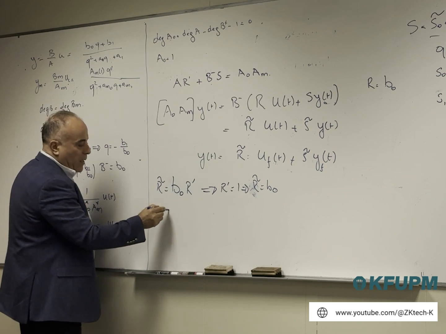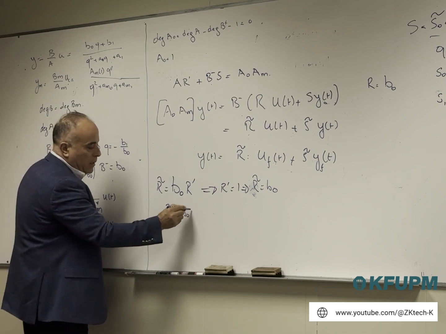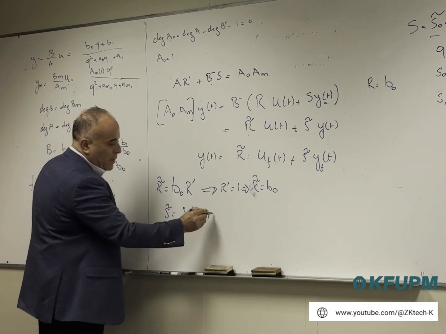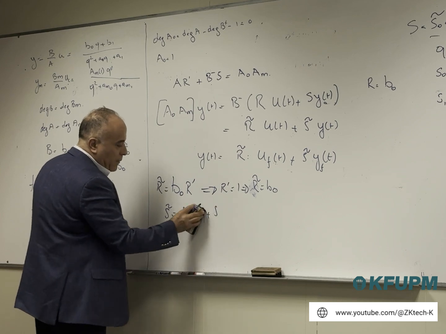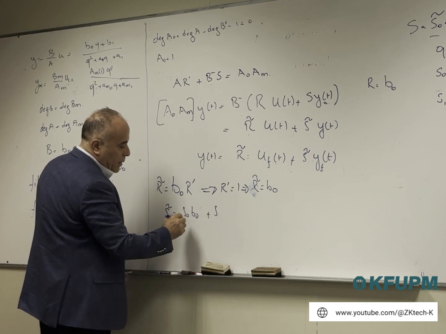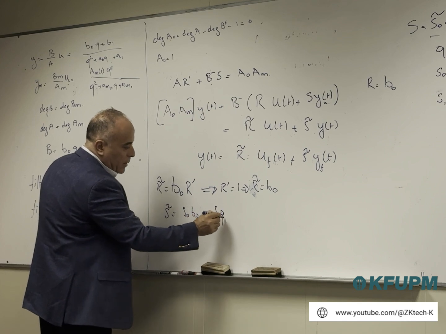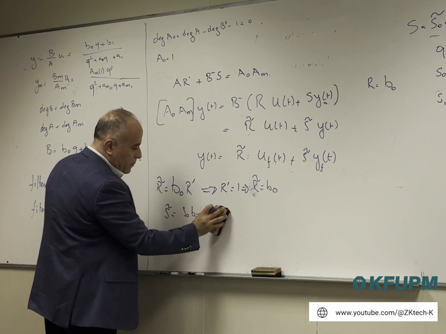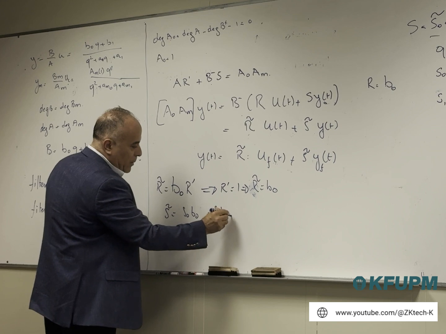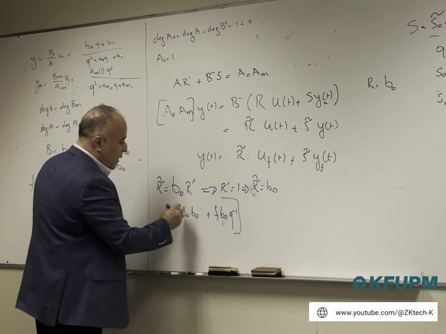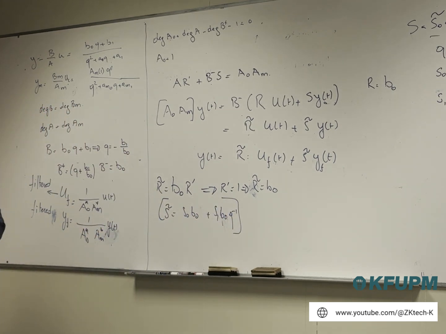And then we have S tilde is equal to S0 times B0 times Q plus S1, or Q minus 1, because I converted everything to negative powers. So this is S0 multiplied by B0 multiplied by Q minus 1.